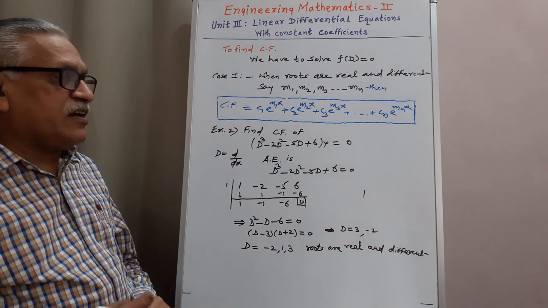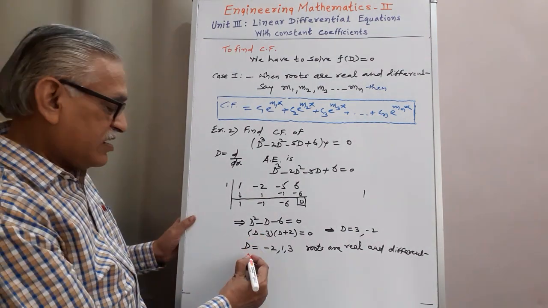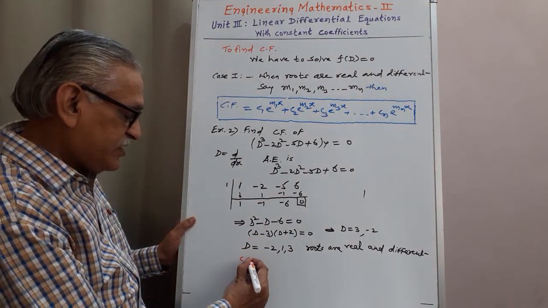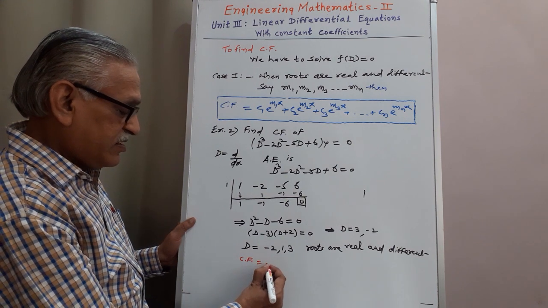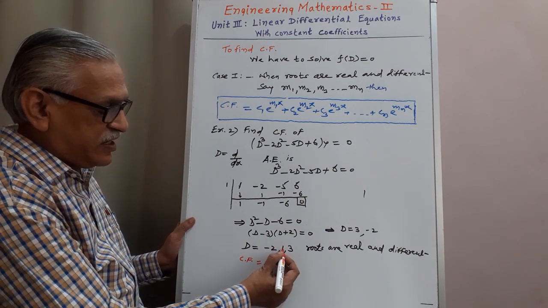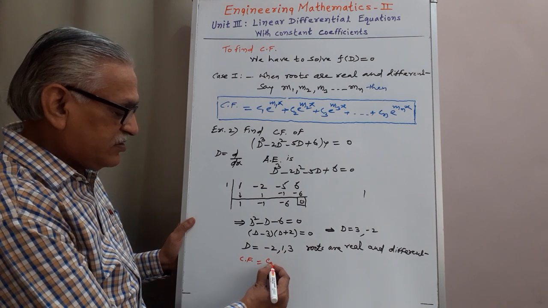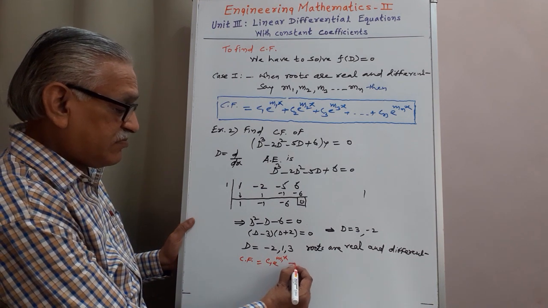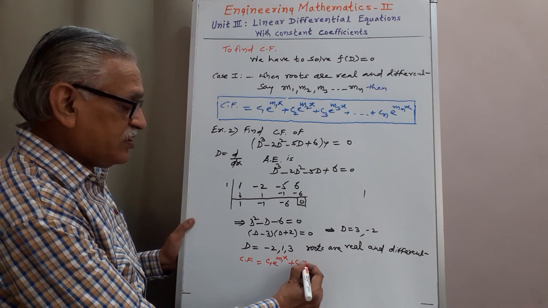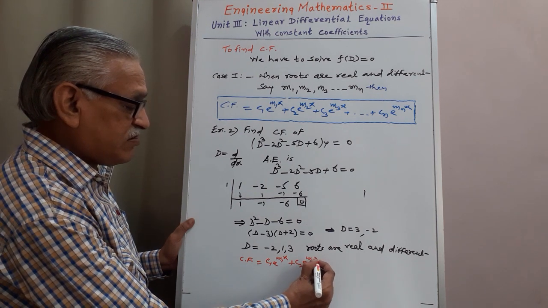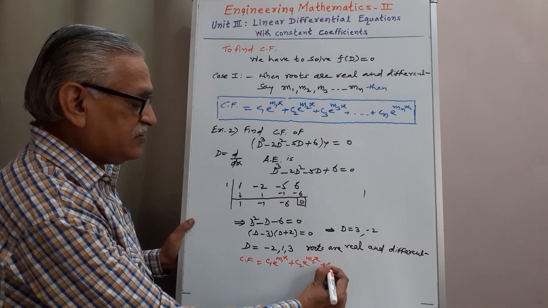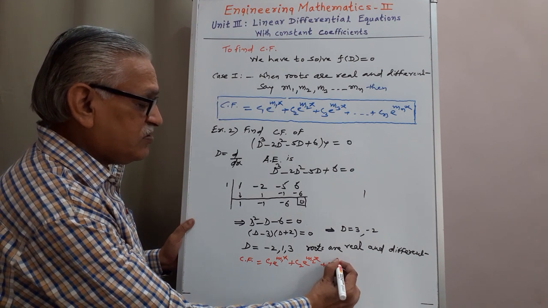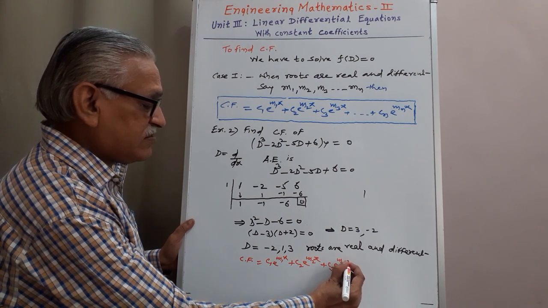And as the roots are real and distinct, complementary function CF is given by, suppose first one is m1, second m2, third m3, it is c1 e raised to m1x, c2 e raised to m2x, and c3 e raised to m3x.